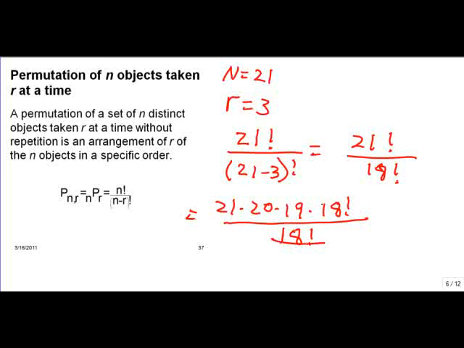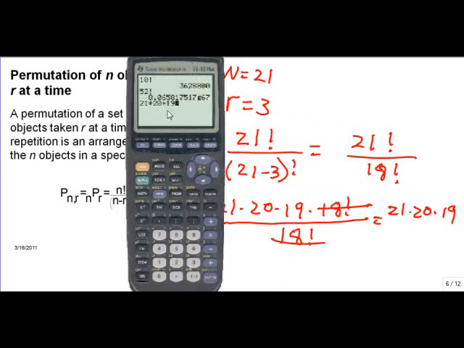So this cancels with this, so I end up with 21 times 20 times 19, and when I compute that, so 21 times 20 times 19, just a little side view here, all I did was enter this in, press enter, so we get 7,980.